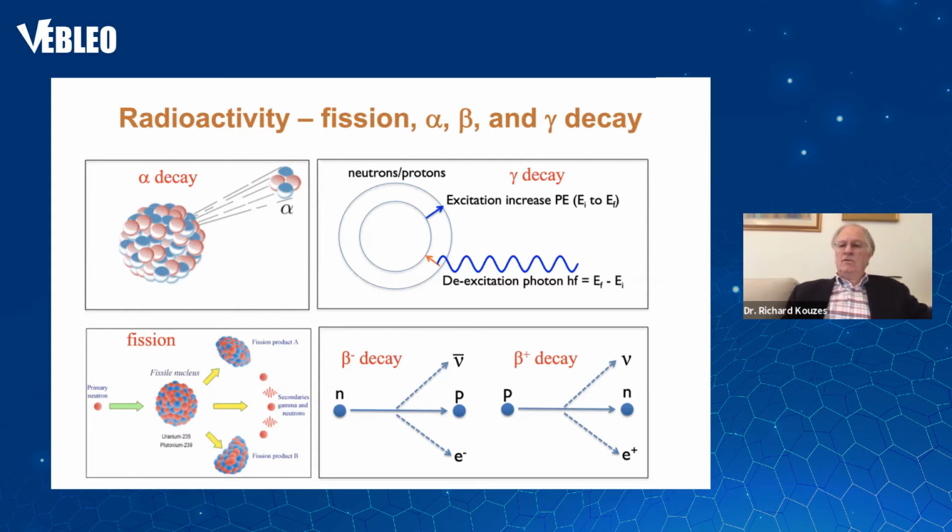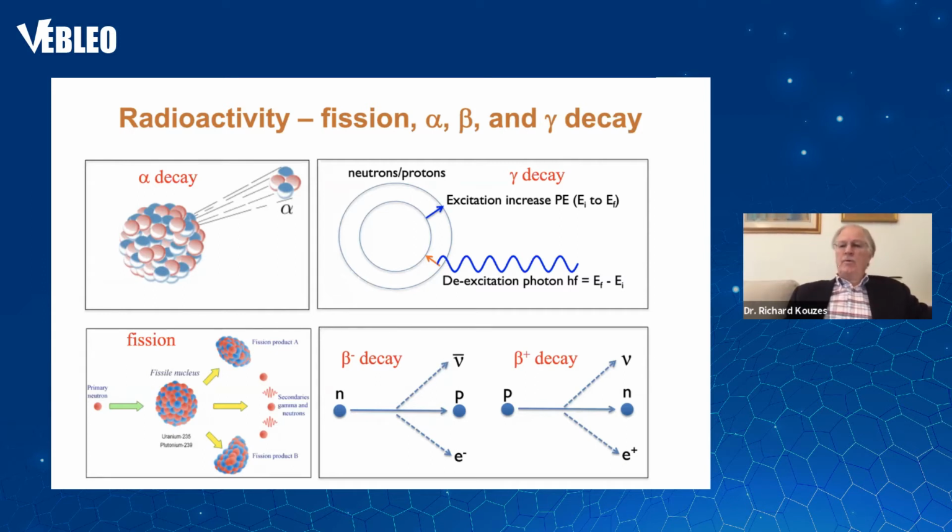Gamma decay is the de-excitation of an excited nucleus, emitting high energy photons. Fission is the process by which a heavy nucleus falls apart into multiple pieces, including radioactive daughters and neutrons. And beta decay is the process by which a neutron or proton inside a nucleus emits an energetic electron. So these are the 4 basic emission processes for radioactivity.